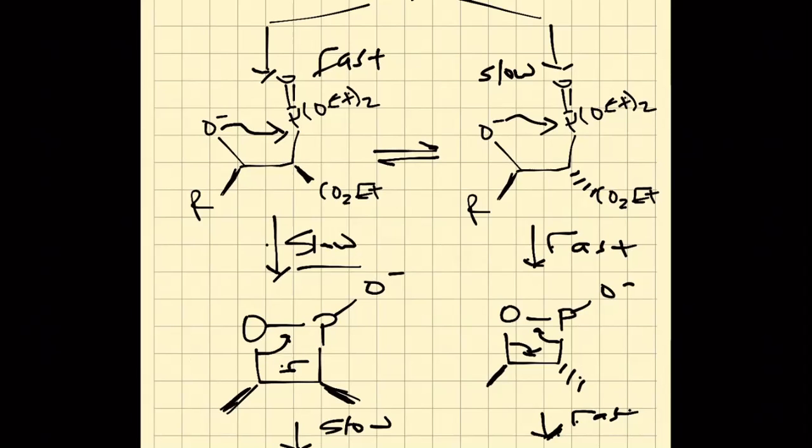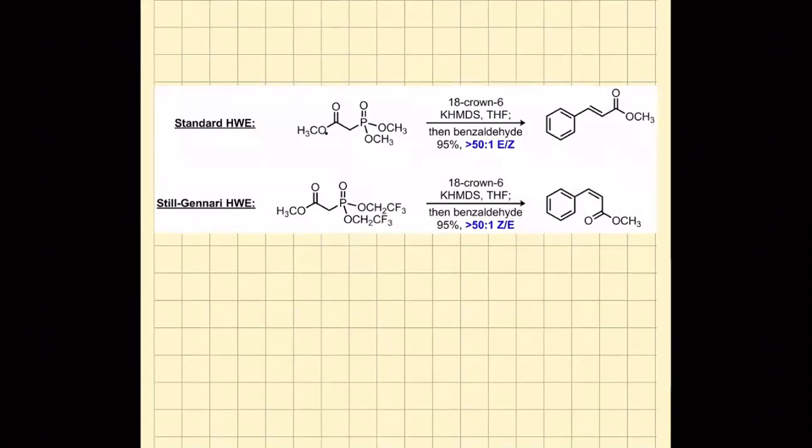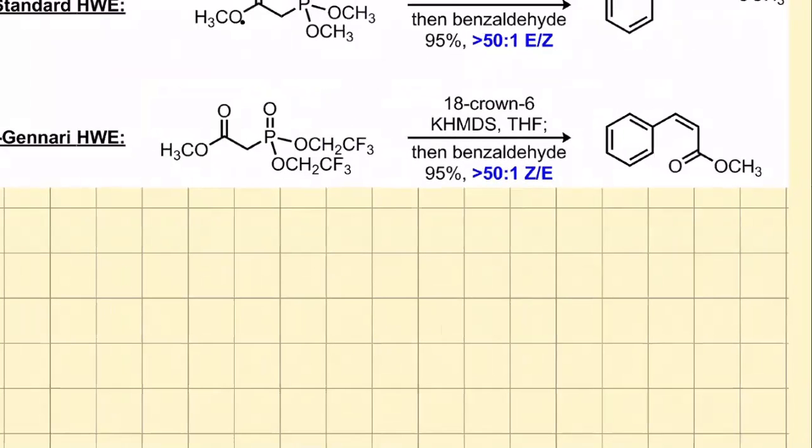And that's why for the Still-Gennari modification, you look at the selectivity, it's 50 to 1 for the cis, right? So I'm going to write that in here.